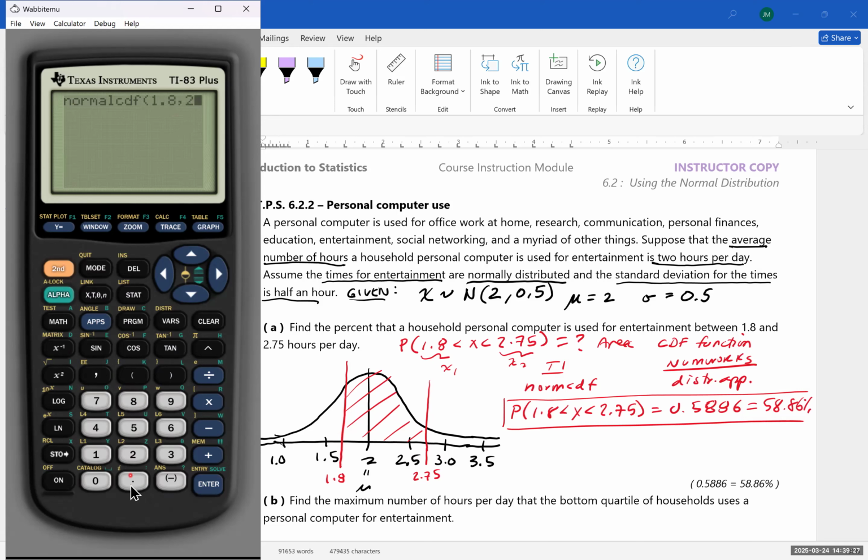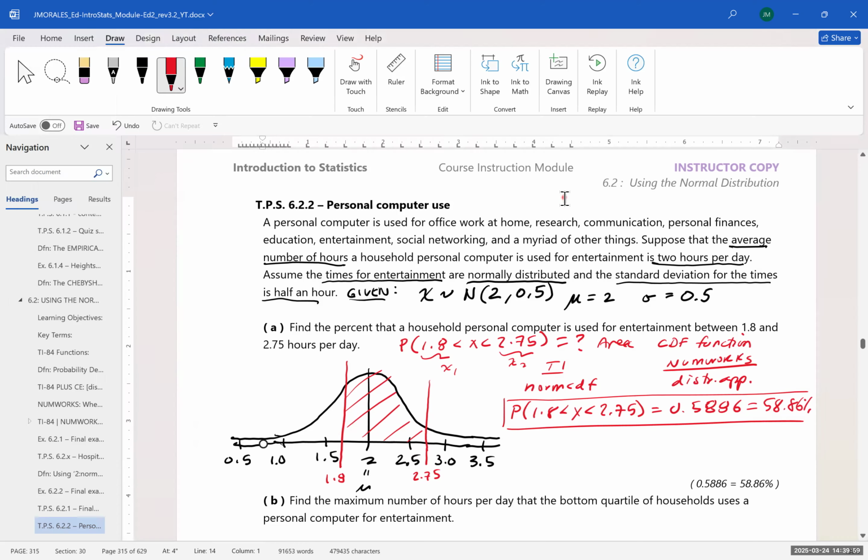Upper bound was 2.75, comma. And then that was a mean of 2 and a standard deviation of 0.5. There we go. So I may have to write a calculator function here to help things out. But anyway, this is how we can get the same answer with an older Texas Instruments calculator.